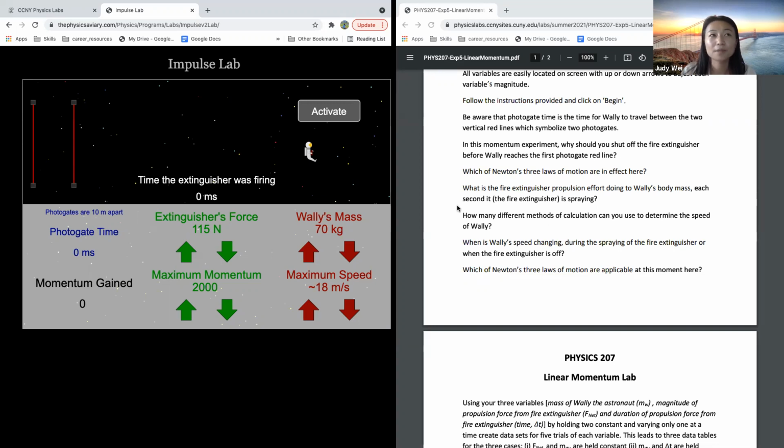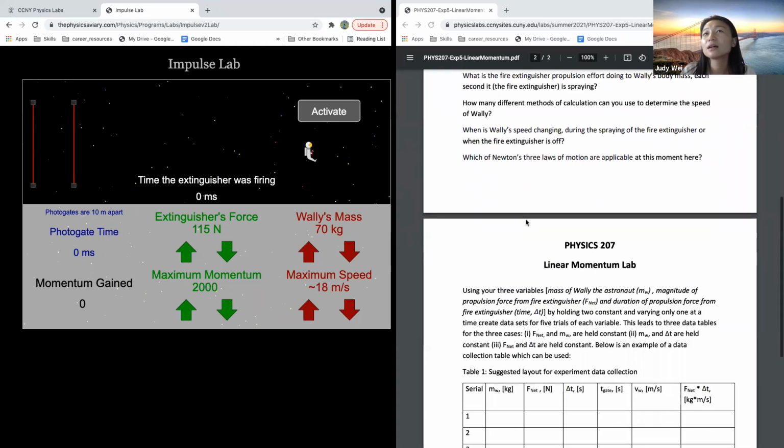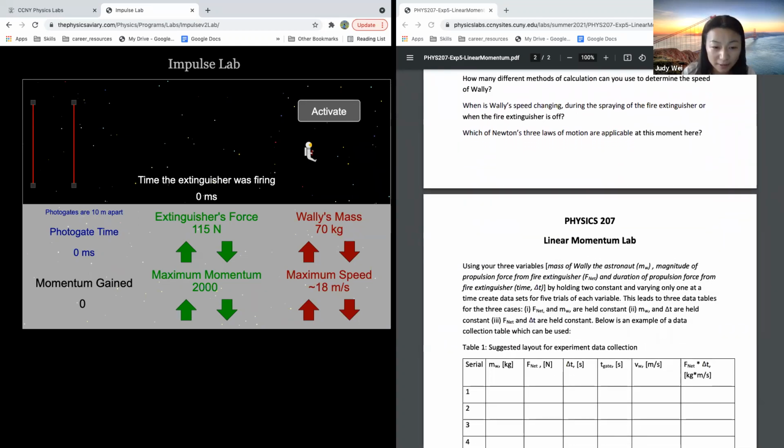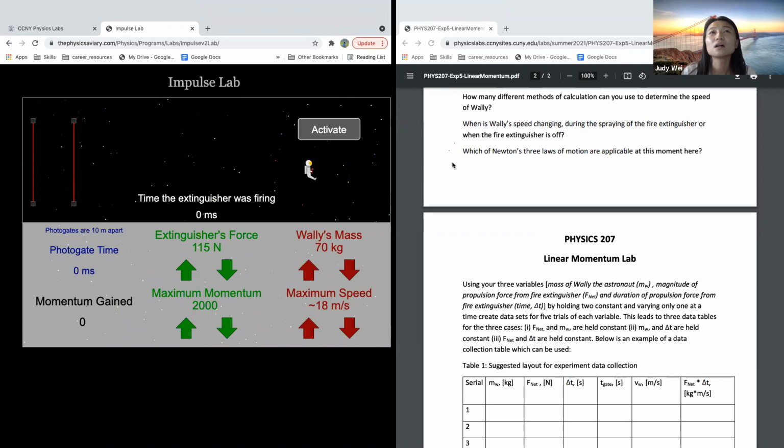And how many different methods of calculation can you use to determine the speed of Wally? So how do we determine the speed of Wally? Okay, let's write it here. The first one is we can use the photo gates.